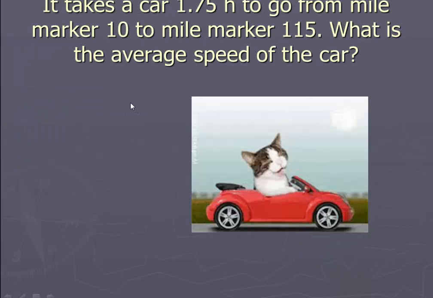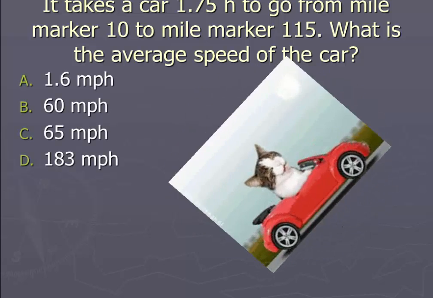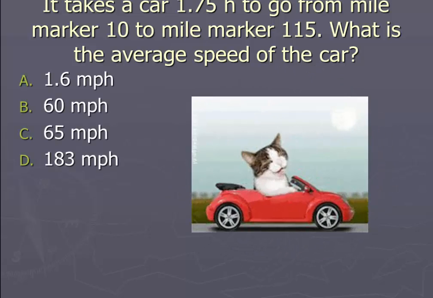So it takes a car 1.75 hours to go from mile marker 10 to mile marker 115. What is the average speed of the car? So remember, you need to find your total distance.